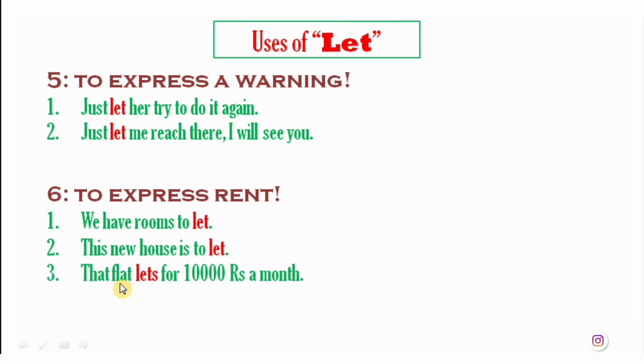That flat lets for 10,000 rupees a month. It means that the rent of that flat is 10,000 rupees for a month. Here in these three sentences, let has been used as the substitute of the word rent.